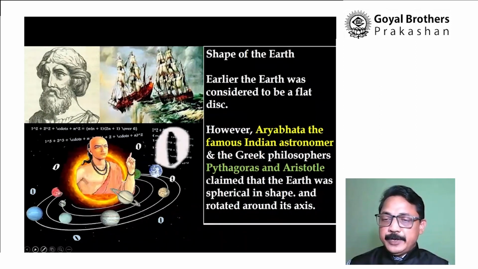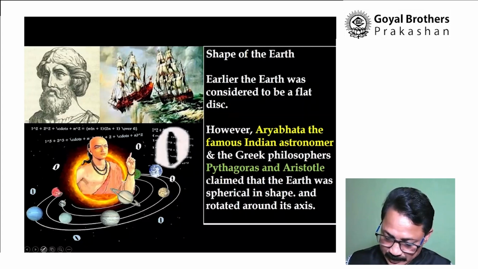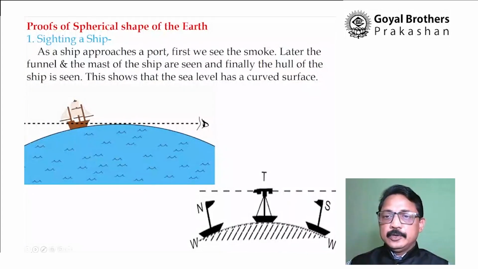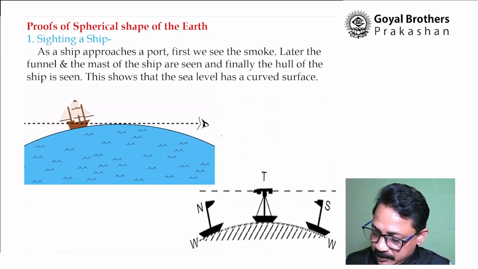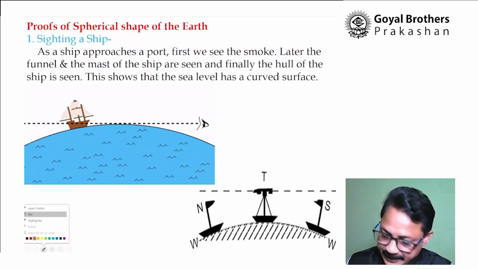So then how do we know today, or how did people later accept that Earth must be spherical? What proofs did we have to give in order to prove that Earth is spherical in shape? Now let us look at this. One of the most important proofs, dear students: if the Earth was flat like this, please look at this diagram very carefully.